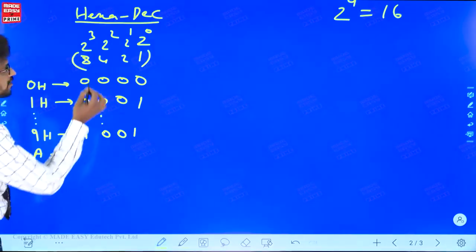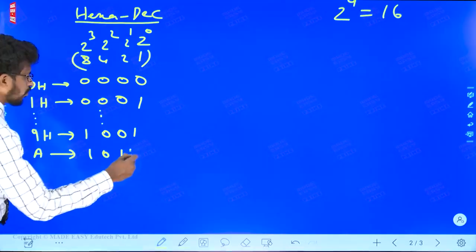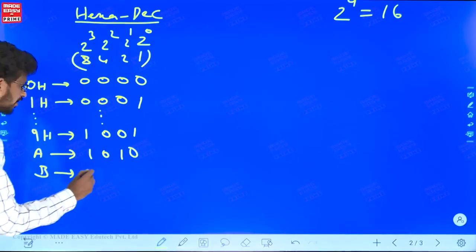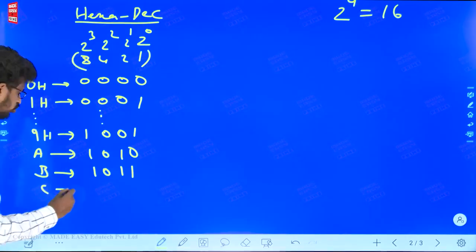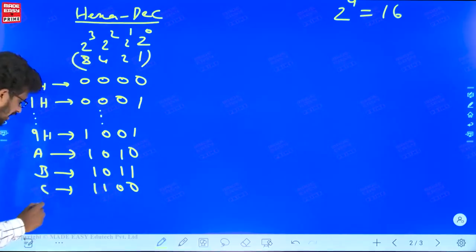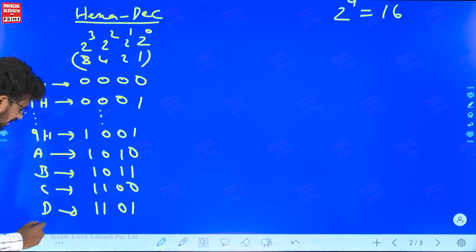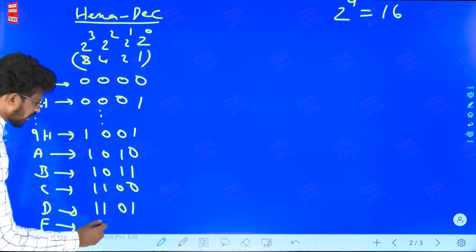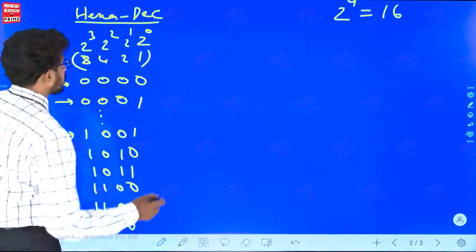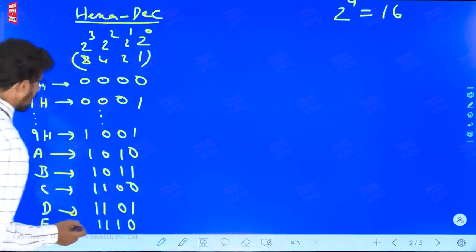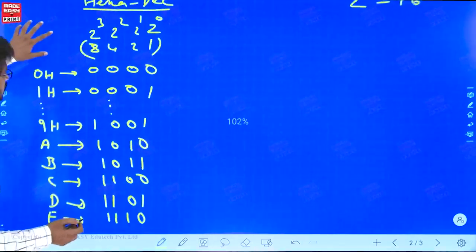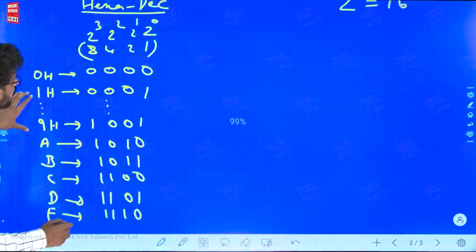A is 10, 10 means 8 plus 2: 1, 0, 1, 0. B stands for 11: 1, 0, 1, 1. C is 12: 1, 1, 0, 0. D is 13: 1, 1, 0, 1. E is 14: 1, 1, 1, 0. And F stands for 15.